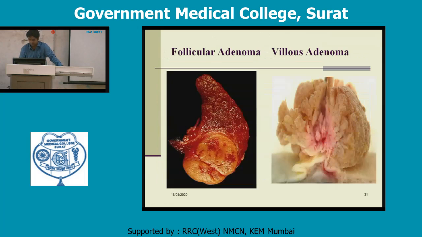The left one is follicular adenoma of the thyroid gland. This adenoma is very well defined and encapsulated from the surrounding dark brown colored thyroid tissue. Villous adenoma of the rectum. These are benign lesions.